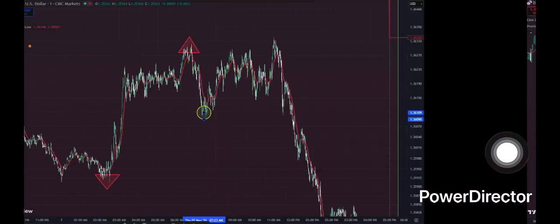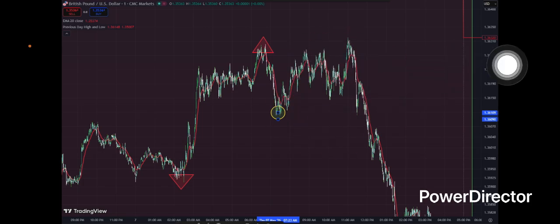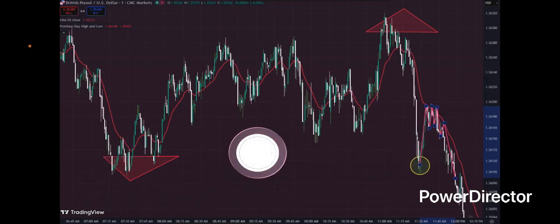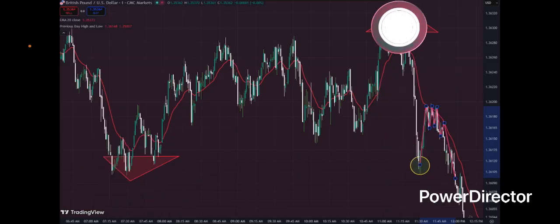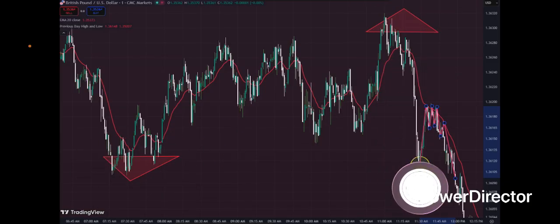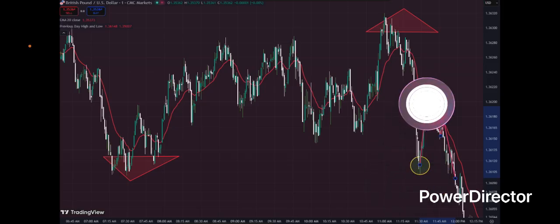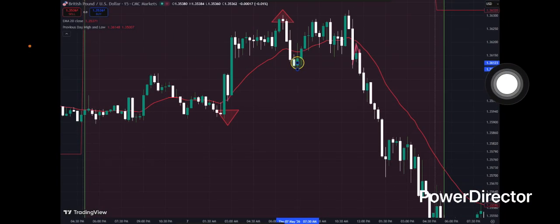Sometimes it will look like this, right? But if we zoom in even further, if we're just looking at this area here in the session window, you can see what time we're at. This is 7:30. This is 11:30. We have our peak formation low, peak formation high, lower low on the inside, and then we pump and dump coming off of that EMA.